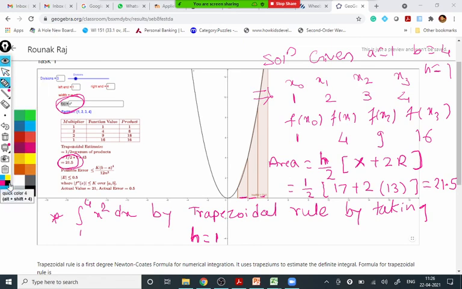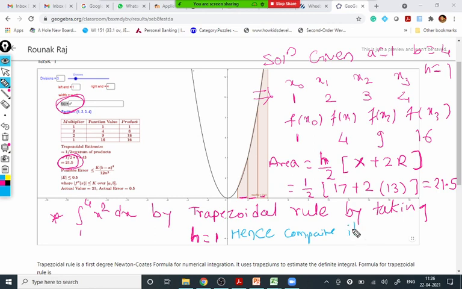Now, suppose the question is further: hence compare it with the actual value. Now let me calculate the actual value. Integration of x square dx from 1 to 4.